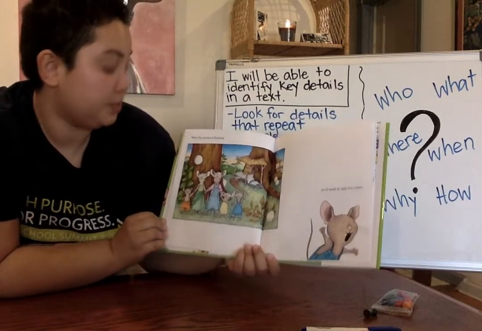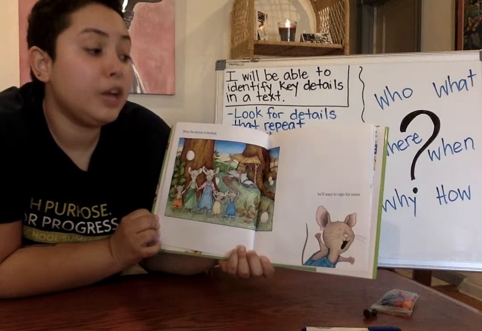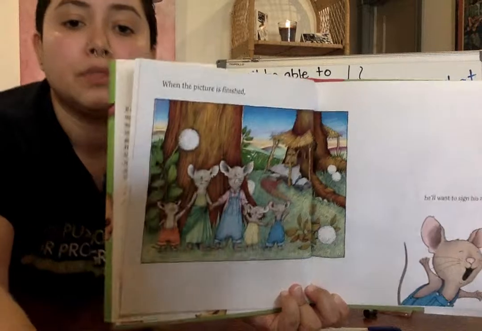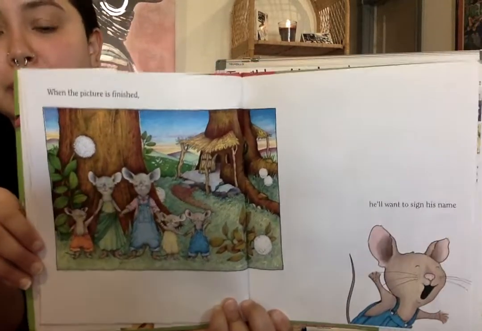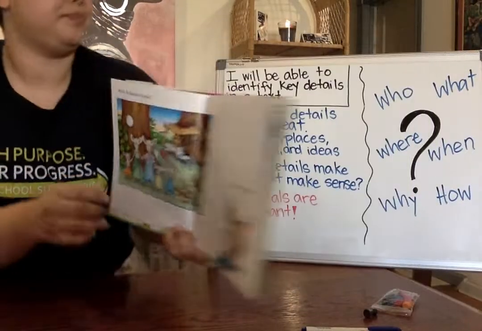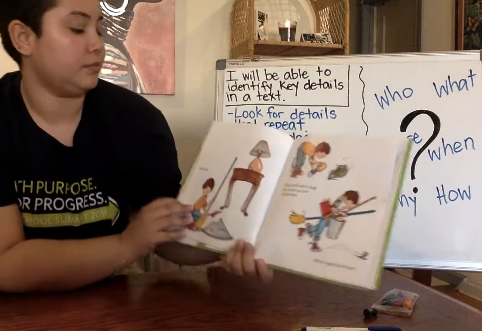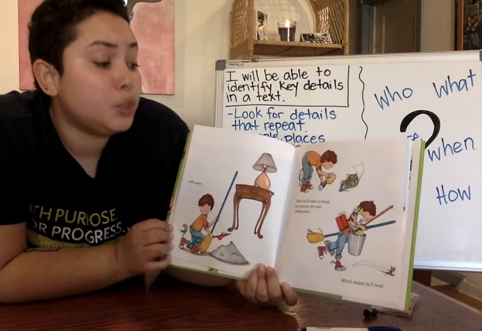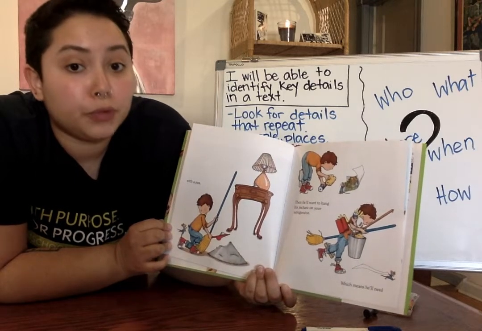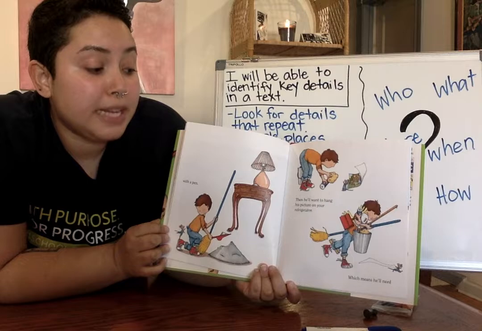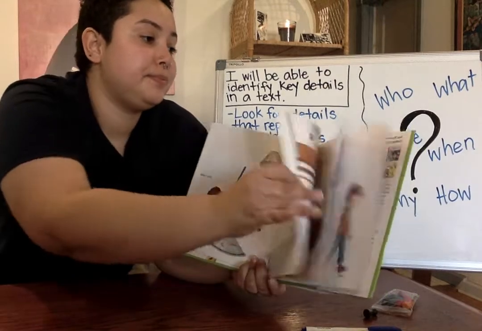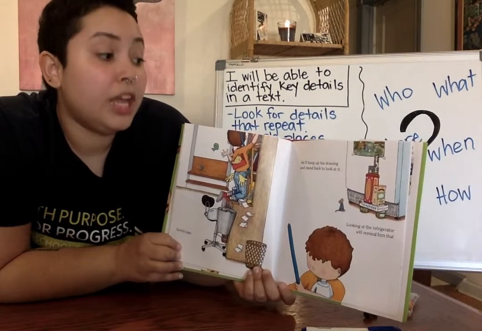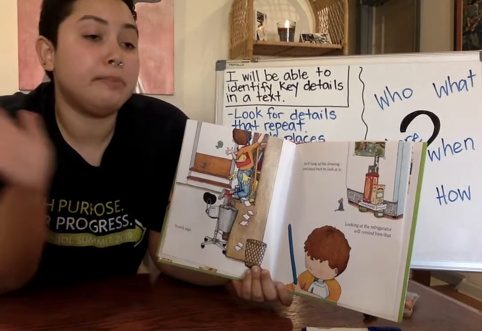When he is finished, he'll want to sign his name. Here's the picture of what could be him and his mouse family. With a pen. Then he'll want to hang his picture on your refrigerator, which means he'll need Scotch tape. He'll hang it up and stand back to look at it.